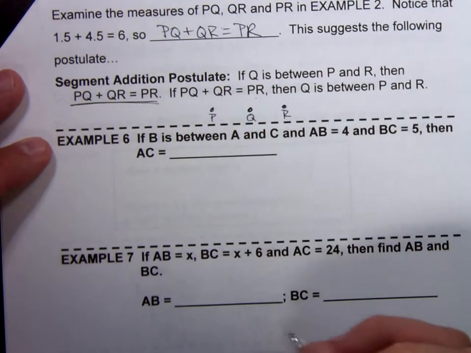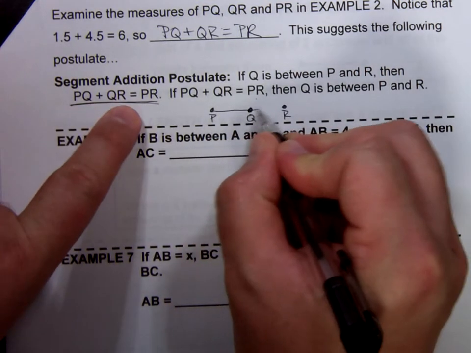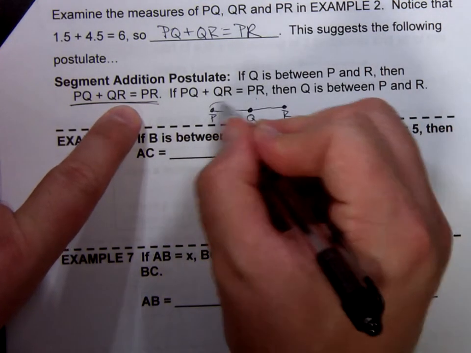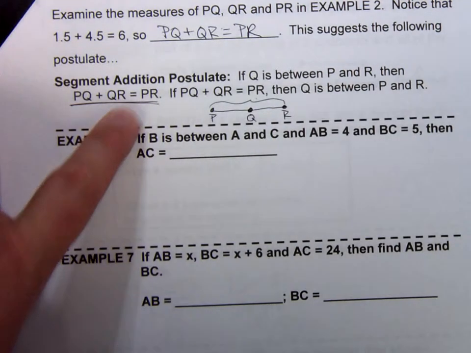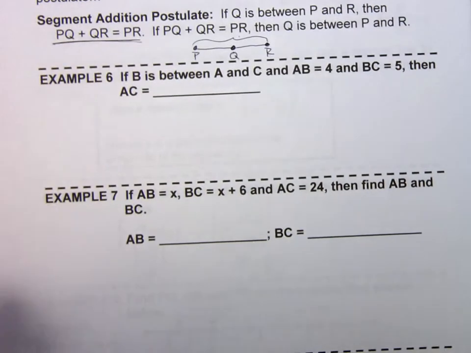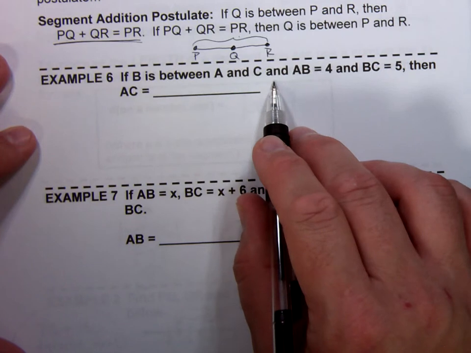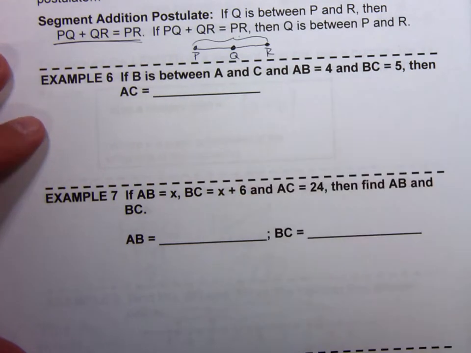So here Q is between P and R. So I know that the distance from P to Q plus the distance from Q to R equals the distance from P to R. All right, so let's try this. Try applying this postulate to the examples we got next. If B is between A and C, now before I go any farther, I'm going to draw a picture. It helps to have a visual.